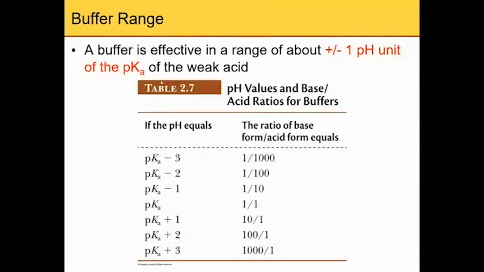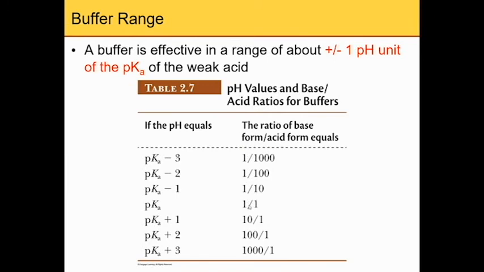And the buffer range is effective in the range of about plus or minus 1 pH unit of the pKa of the weak acid. All right. So basically, when the pH equals the pKa, that's a 1-to-1 ratio. Okay.